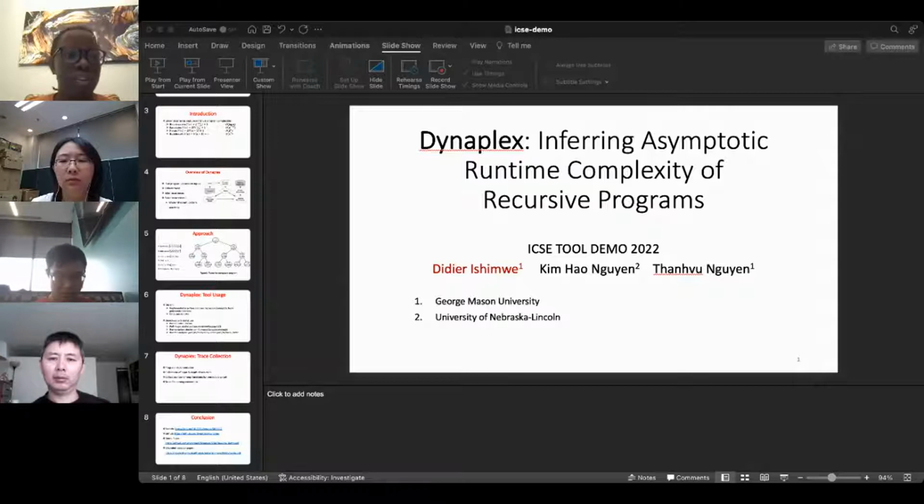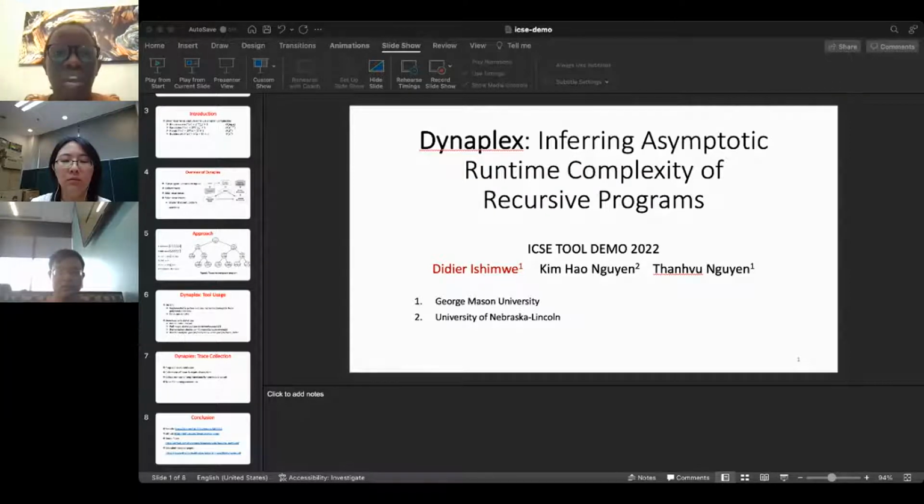We use recurrence relations because even linear recurrences, which are simple enough because they only contain linear terms, are expressive enough to capture non-trivial program complexities. For example, binary search, which has a logarithmic complexity, can be captured by a linear divide and conquer recurrence.